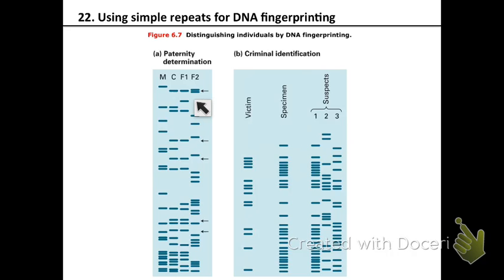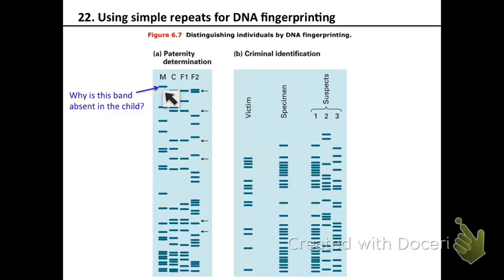And then you try to match the pattern, okay? So this is the child's repeat number for a given locus, and it seems to match father candidate number 1, right? And it doesn't match father candidate number 2. So already we're starting to say, okay, maybe this person is the father, right?